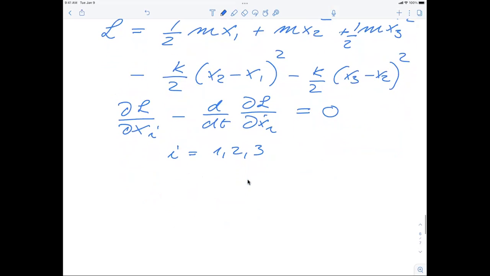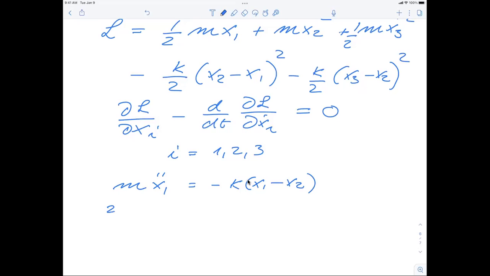If I now take the derivatives, I will get one equation for x1. So this is the force in the x1 direction. And this is simply going to be equal to minus k times x1 minus x2.